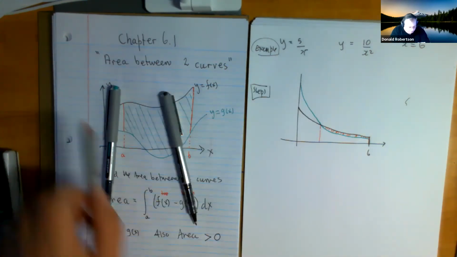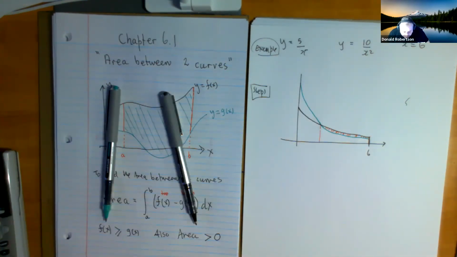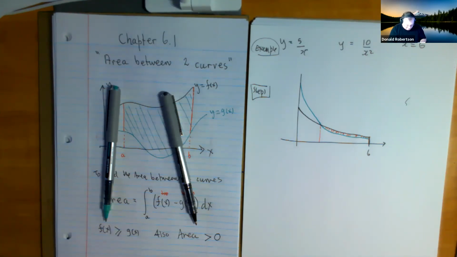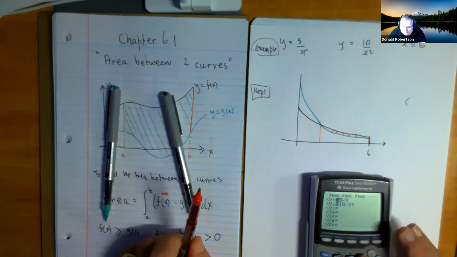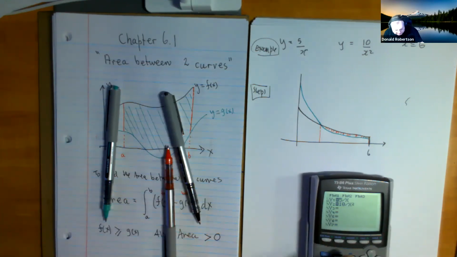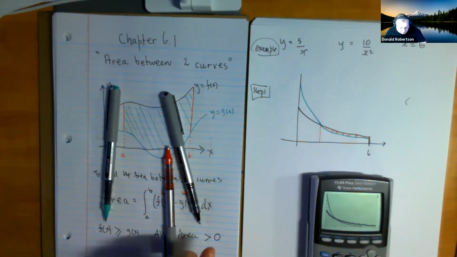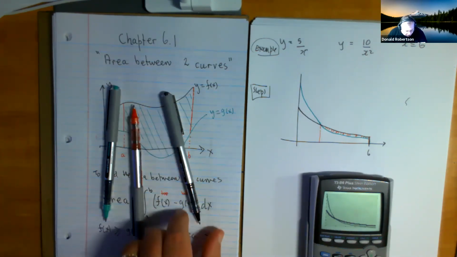And in case we're not 100% sure, I'm going to go back into my picture and change one of them. Do you see the 5 over x? I'm going to make that thick. So when I graph it, the thick one is 5 over x. Right, so now I know which one is which.